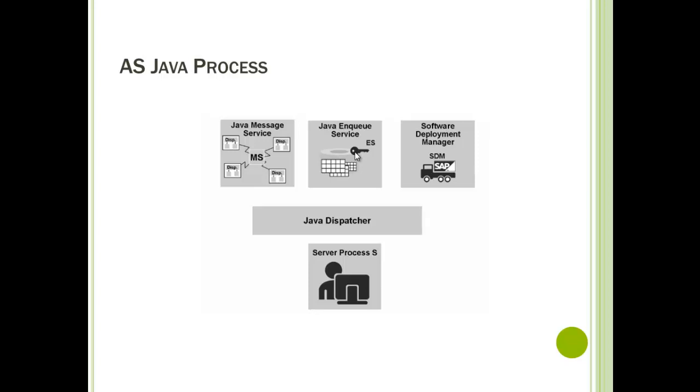Then we have Java NQ services. We already know now what NQ services is, which is used for logical locking of the records. Same as in the ABAP stack, in Java the NQ services manage the logical lock which is executed by the Java application server, or let's say a Java program. Then we have one more, something called the Software Development Manager, that is SDM.